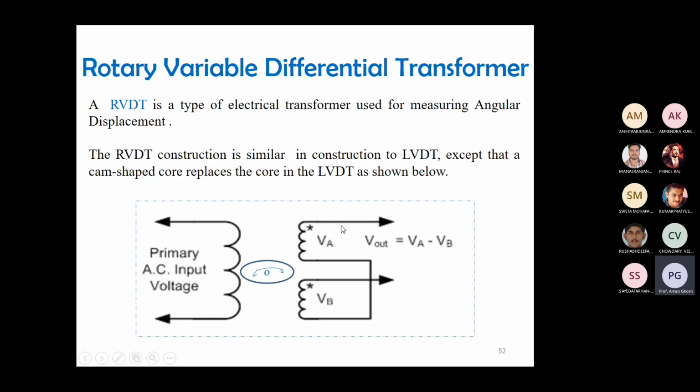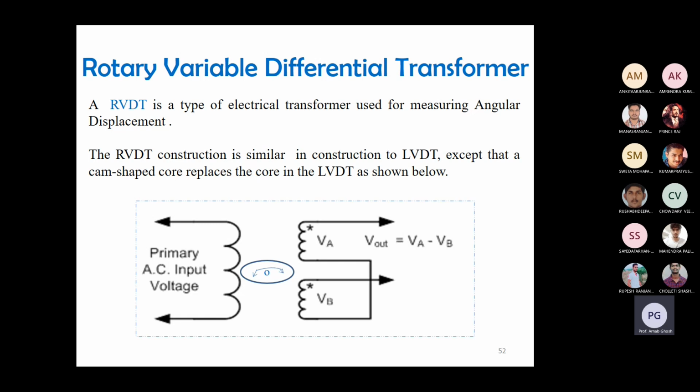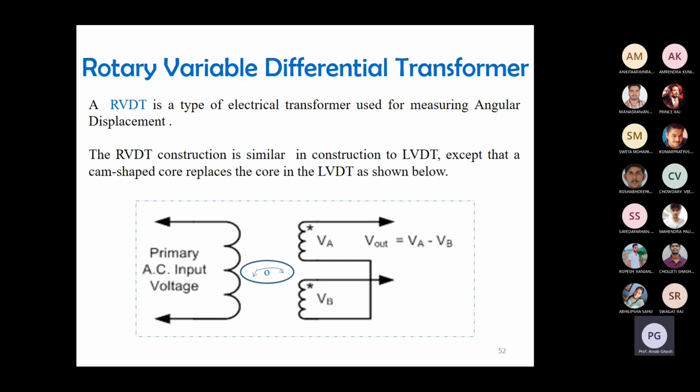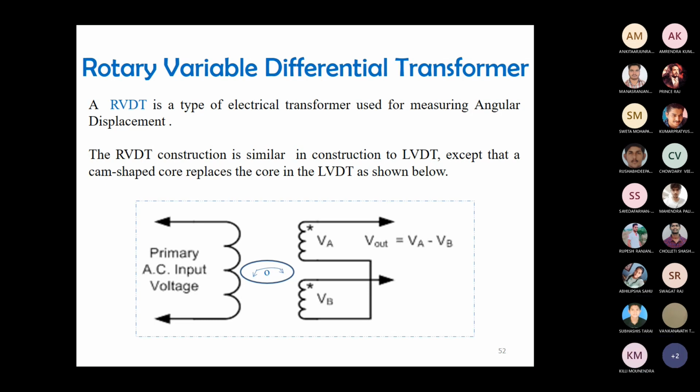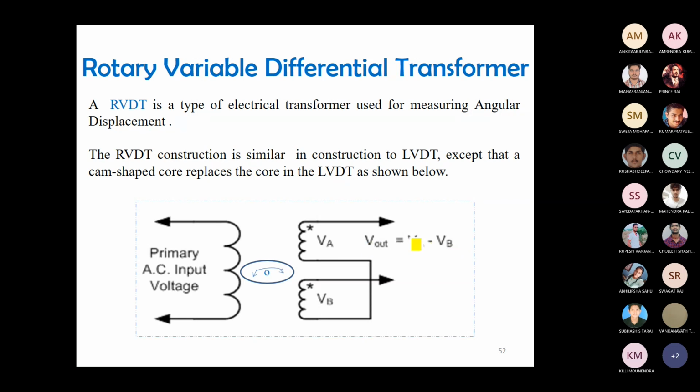So we're discussing the rotary variable differential transformer. In my last class, we discussed the LVDT, where the coils are fixed but you change the position of the movable core. By the movement of the core, voltage is induced in your secondary.